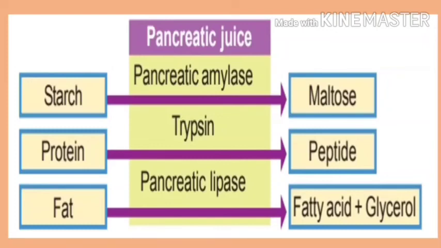And the pancreas secretes pancreatic juice which contains pancreatic amylase, trypsin, and pancreatic lipase. The function of pancreatic amylase is that starch is converted into maltose. The function of trypsin is that it converts protein into peptides. And the function of pancreatic lipase is that it converts fat into fatty acid and glycerol.